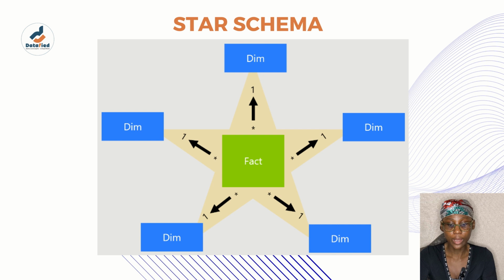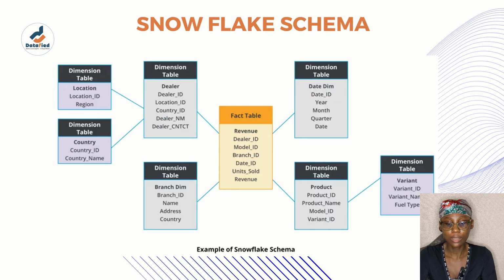You can see from here, the star schema has a direct relationship to the dimension tables, right? But for the snowflake, you can see the fact table in the middle here, but for the other dimension tables, there is no direct relationship. For example, the dimension table for location is linked first to the dealer dimension before you link it to the fact table.